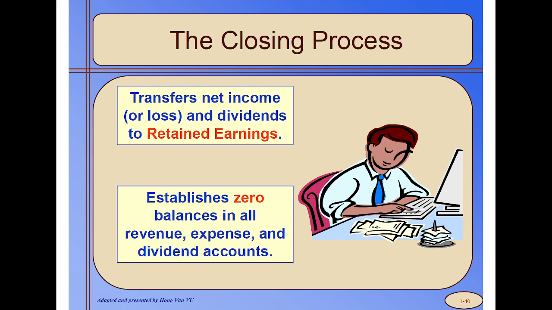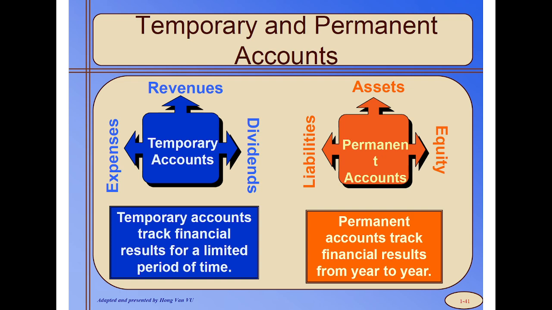This resets them to zero for the next period. Permanent accounts like assets, liability, and equity are not closed and their balances carry over from year to year, right? So we transfer all net income and dividends to retained earnings and we get zero, right?